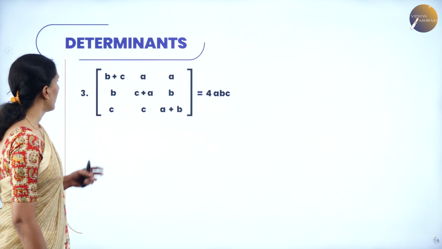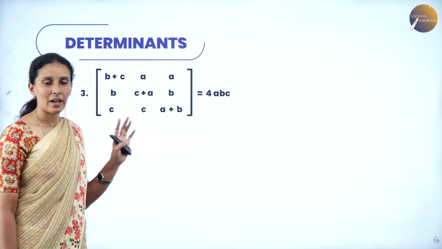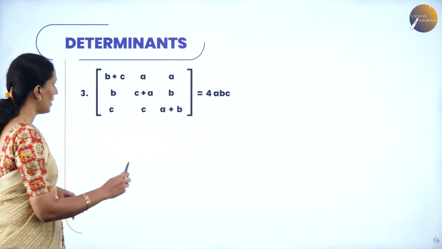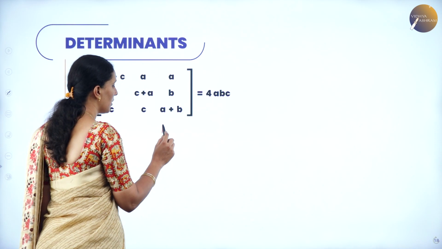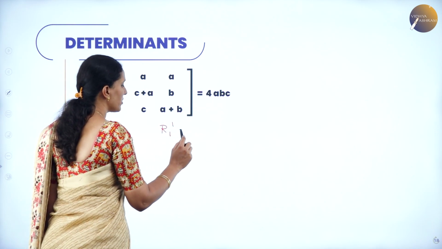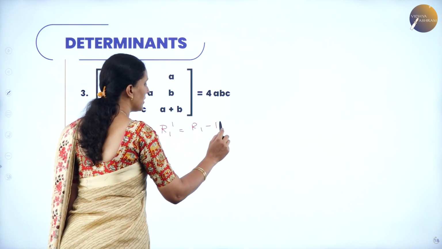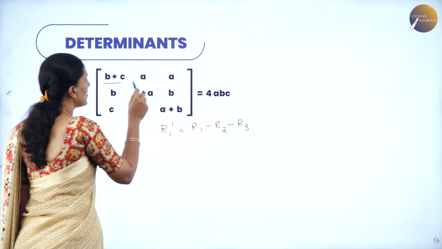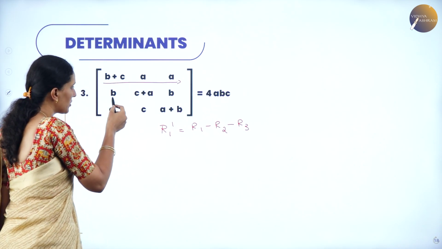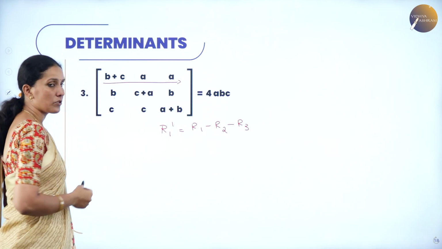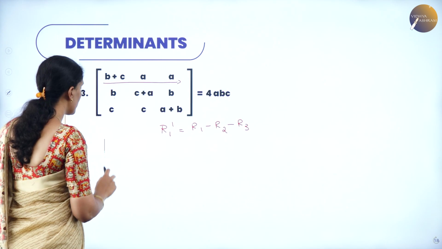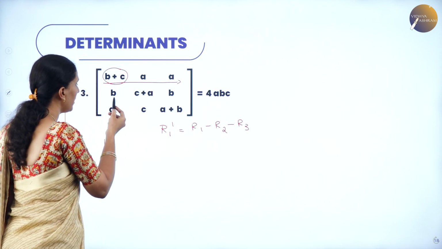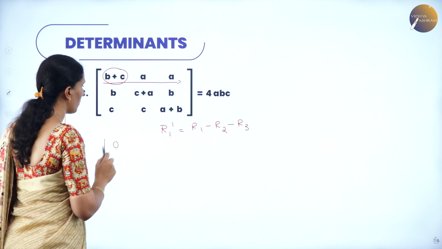Next, they have given the matrix, and we have to find the value of the determinant, which is 4a, b, c here. So let us perform an operation: R1 dash is equal to R1 minus R2 minus R3. That means the R2 elements must be subtracted from R1, then R3 must also be subtracted from R1. Then what happens? The first element, B plus C minus B minus C, becomes 0.